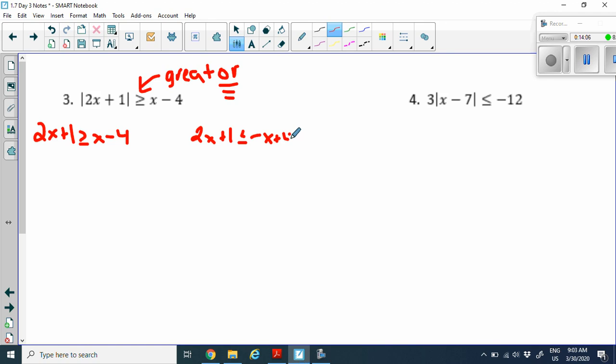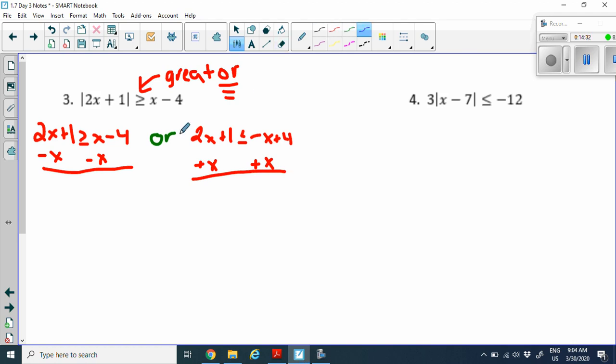Be careful on that, okay? And then I'm going to do this in a different color for the "or" here. On both of them, I'm going to move the x to the other side. For my first one, I subtract x on both sides. On my second inequality, I actually add, because remember, I had to change the sign on this one.